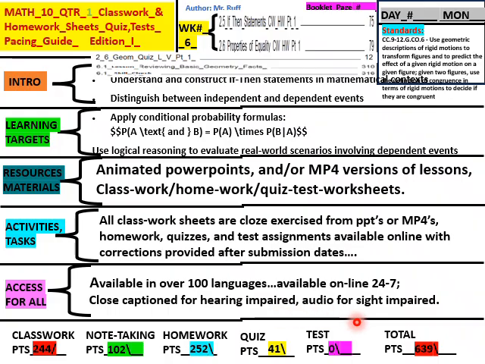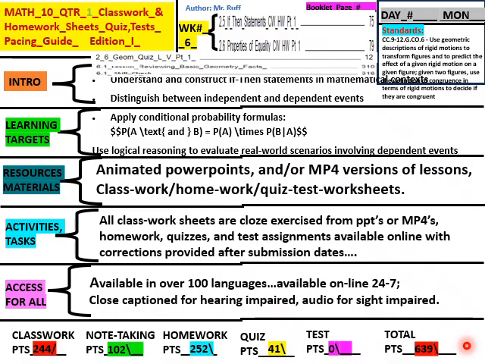for sight impaired. And then your classwork is 244 points, 102 points in note-taking, 252 points of homework, 41 points of quizzes, 0 test points.